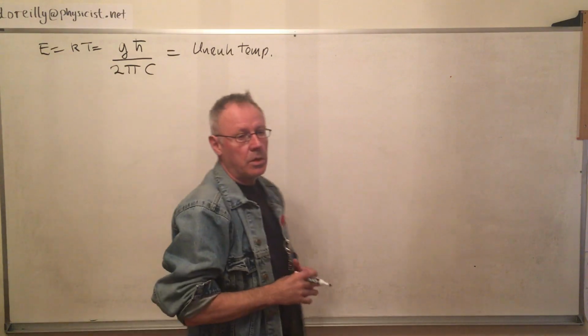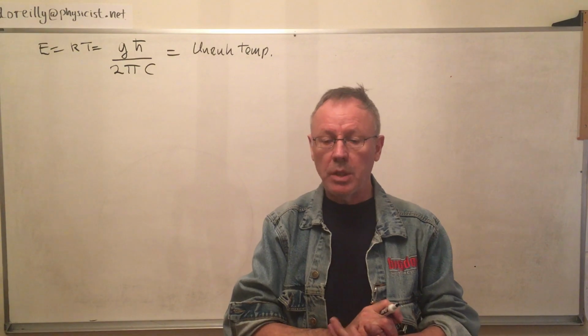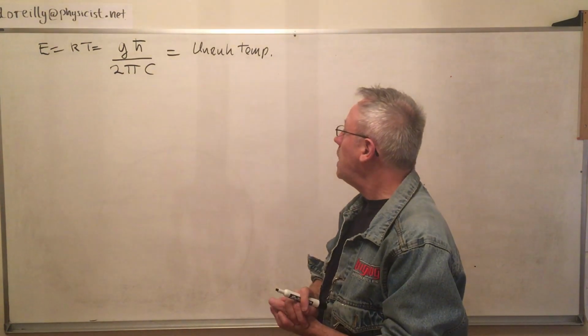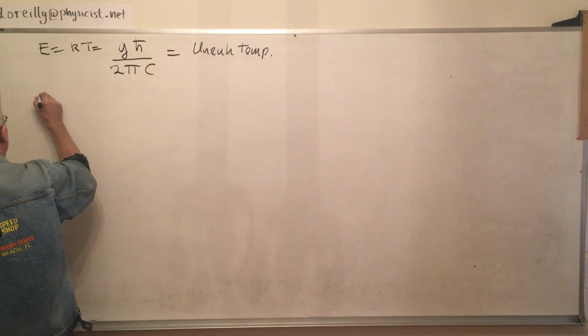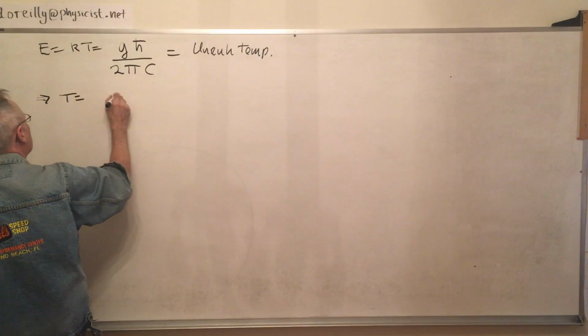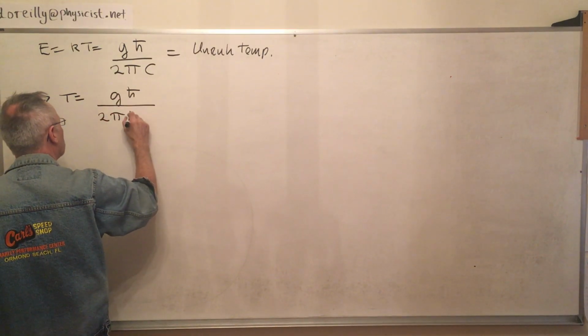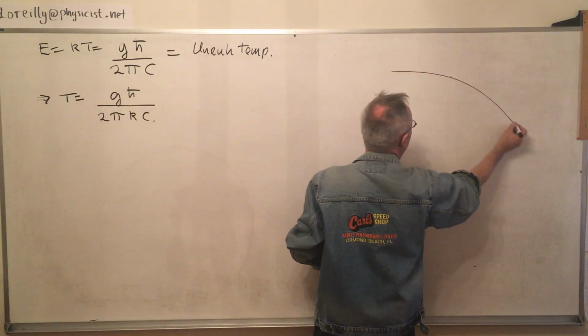To save time, I'm not going to call it the Fulling-Davies. You know, we know Fulling and Davies came out with this first. We'll call it the Unruh temperature because that's what you see written down in the literature. So the Unruh temperature is given by this. E equals kT, so therefore then just the T is that. Now it's the temperature experienced by an accelerating object.